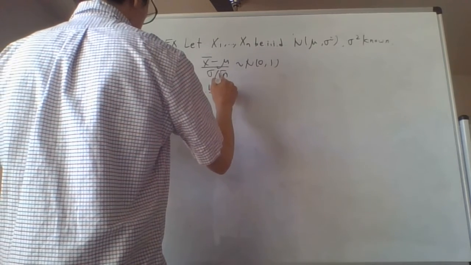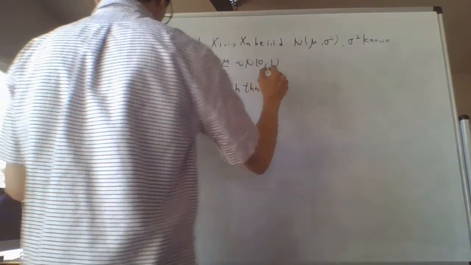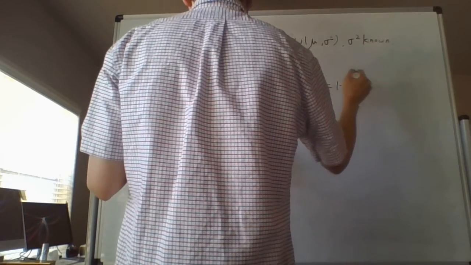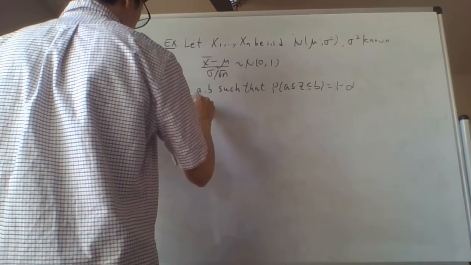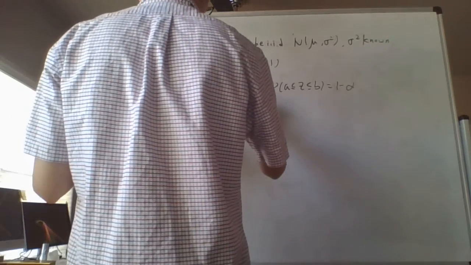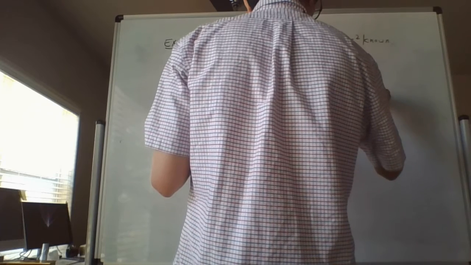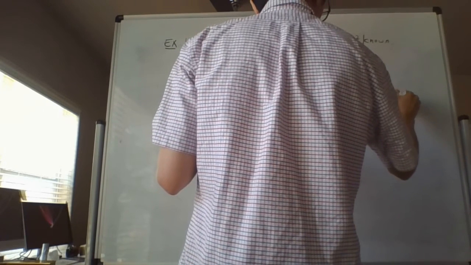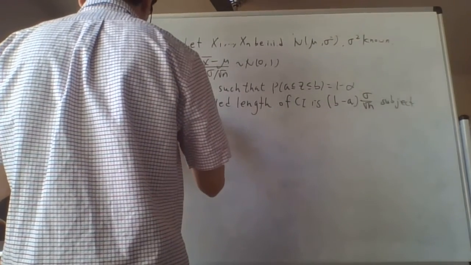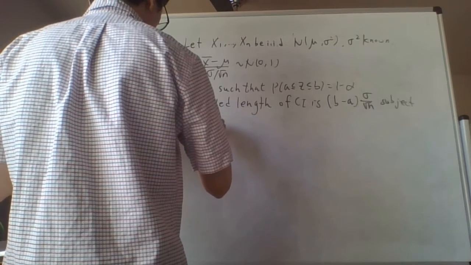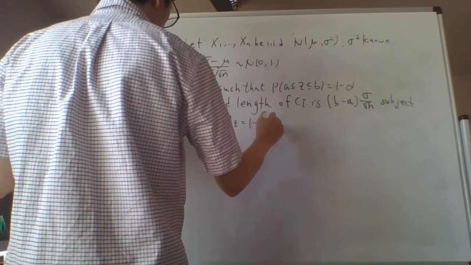So we pick A and B such that the expected length of CI is (B minus A) sigma divided by square root of n, subject to the probability between A and B being 1 minus alpha.